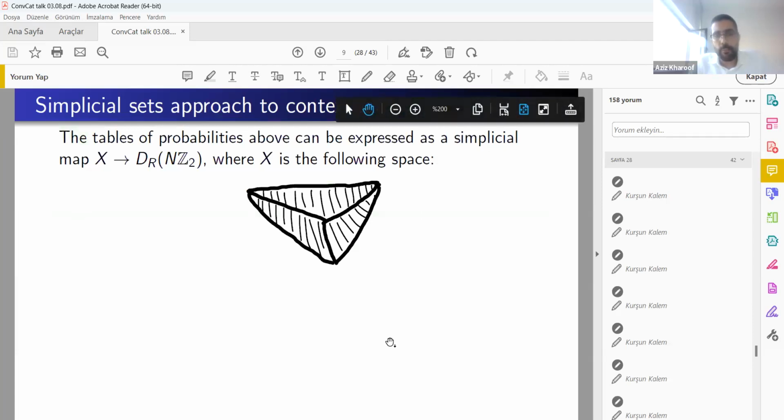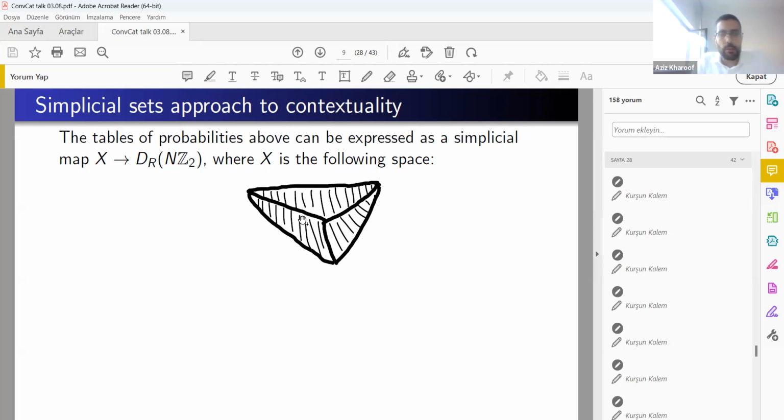By a simplicial map we mean a map levelwise that makes a diagram commute. So if we have this map from X, where X is this simplicial set, we have three triangles, and they are the faces shown in the picture. This face of this triangle is the same as this face of this triangle, and the same here. So they glue together in this way.